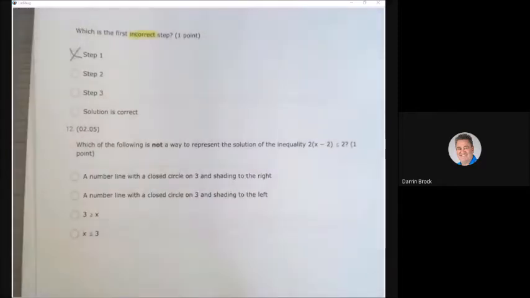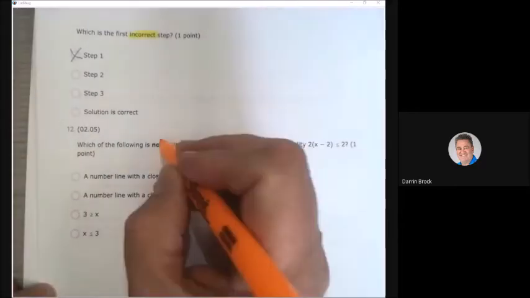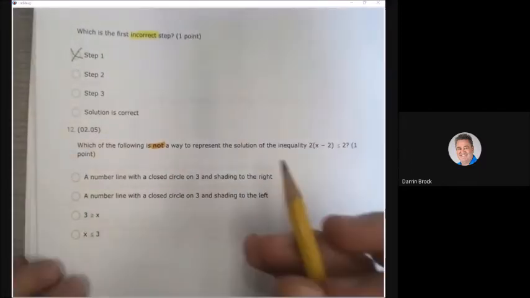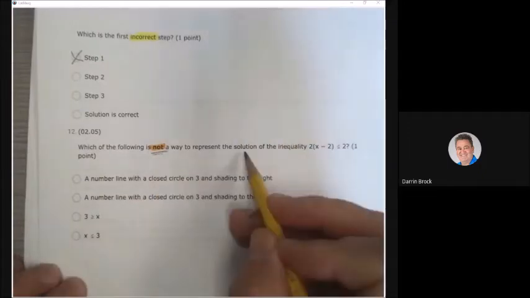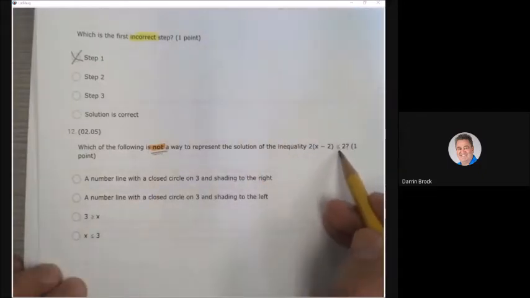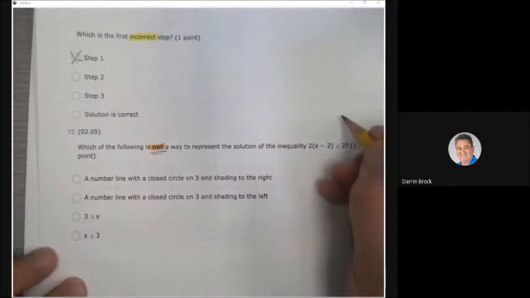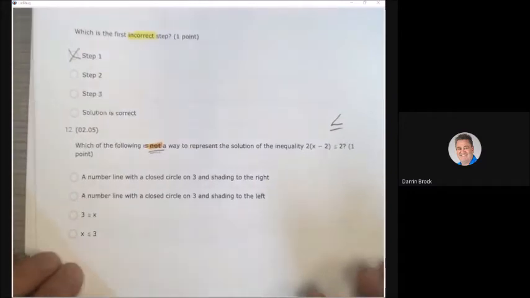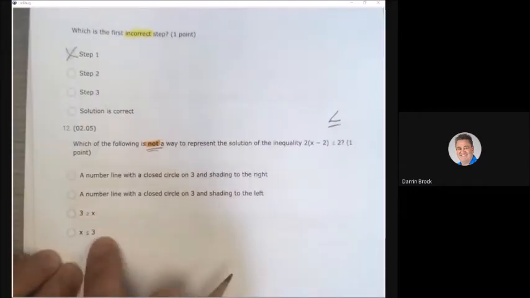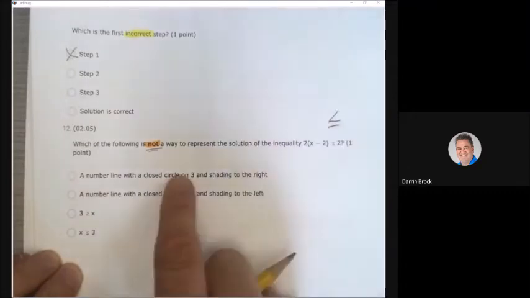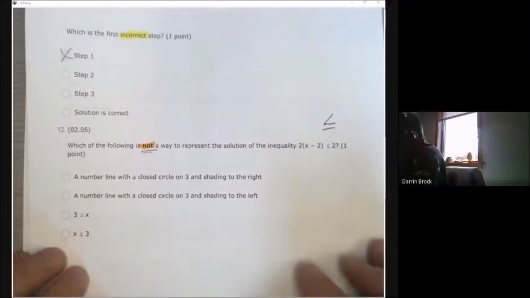All right, let's move down here. Again, what's our key word? Not. Which of the following is not a way to represent the solution of the inequality 2 parentheses x minus 2 is less than or equal to 2? Okay, well, it looks like there's going to be a 3 in the answer. But we need to figure out what the answer is so we know which is correct here.